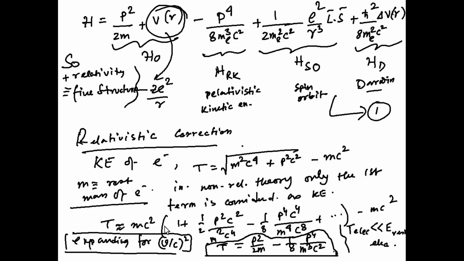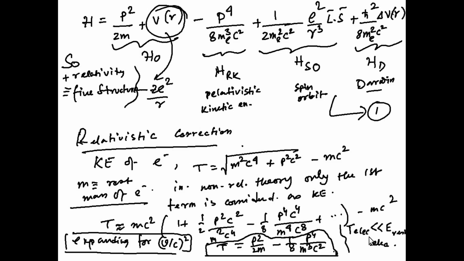If I expand this term by taking p squared by c squared, or v by c, as my small parameter, and keep only the first term of this expansion, the kinetic energy looks like p squared by 2m minus 1 by 8 p to the power 4 by m cubed c squared.